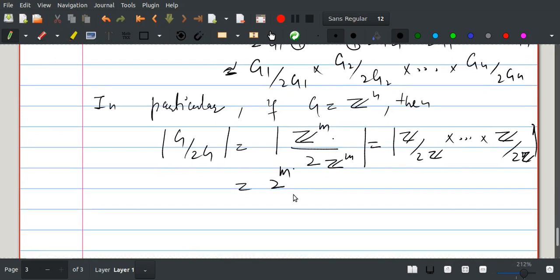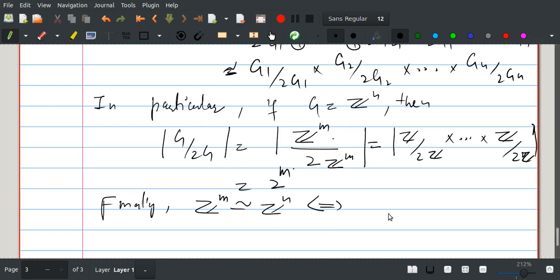Finally, Z^m is isomorphic to Z^n if and only if their order is preserved.